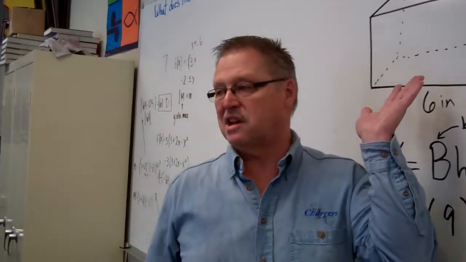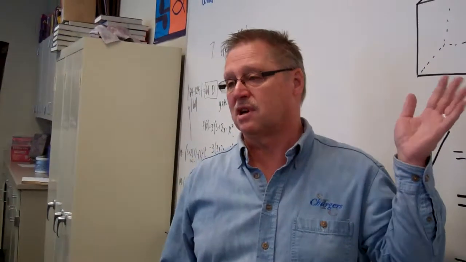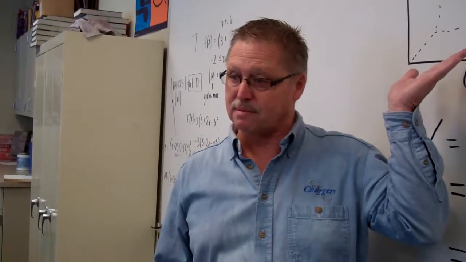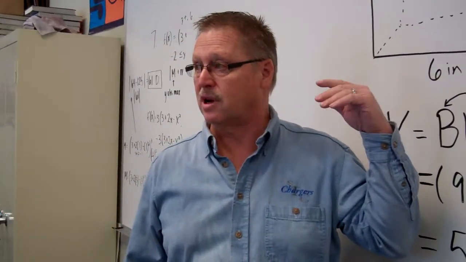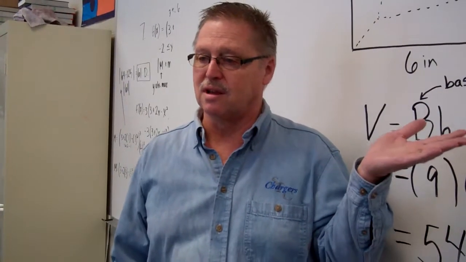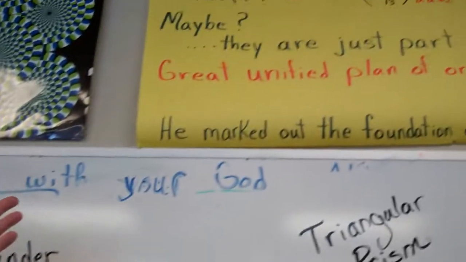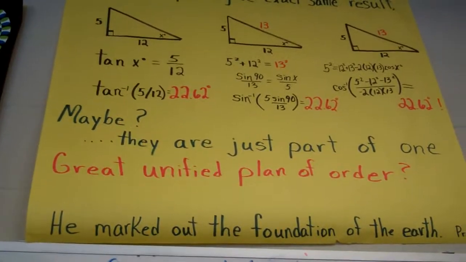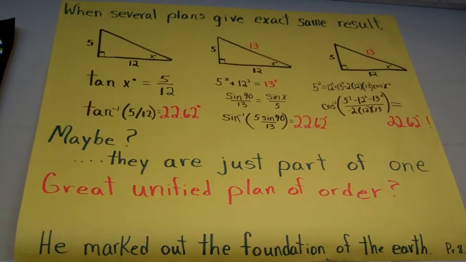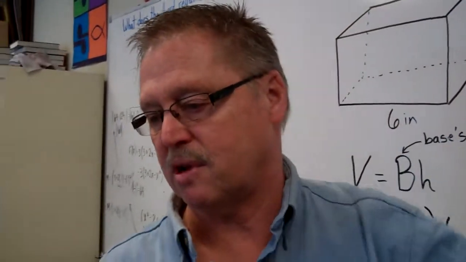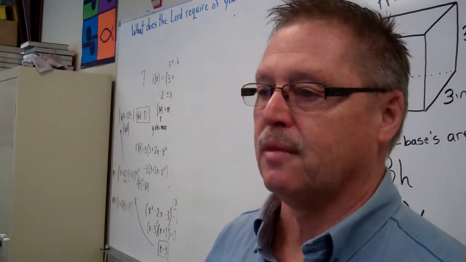And he understands it has to give the same answer because it's the same prism. If you started getting different answers by doing things a different way, then those plans don't overlap and they aren't part of the great unified plan of order. Every plan has to overlap and give you the same answer when they overlap. Else, what kind of world would this be?